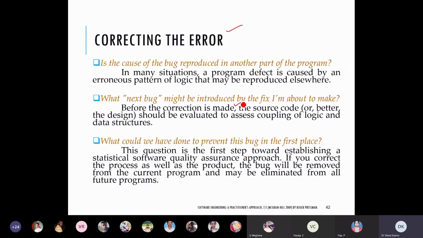In many situations it happens, we have seen, when you are running a program, a number of errors come. What students generally do at that time is put a semicolon in some places, if a semicolon is required, and the number of errors will reduce.